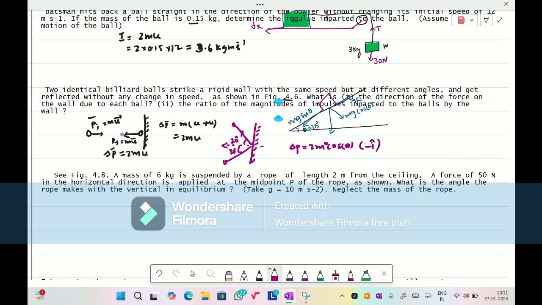Perpendicular means theta equal to 0 here. In 2mu cos theta, theta will be with the normal. And if the angle with the wall is given, then delta p bar is equal to 2mu sin theta, opposite, minus i cap. So this is 2mu sin theta with the wall, when the ball is hitting the wall.